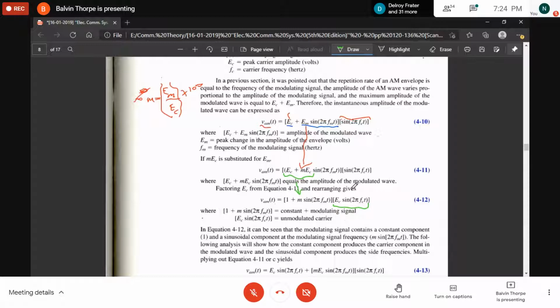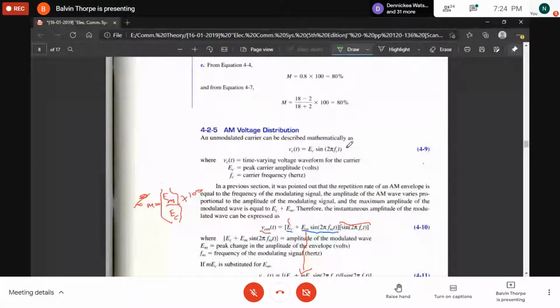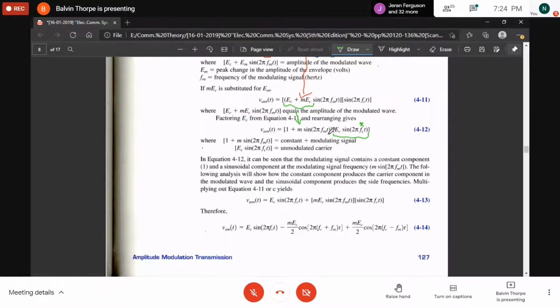Remember I said that that's the carrier wave? And we did that from up here. Notice that this is the same as what is here. So in an amplitude modulated wave, we can clearly see that there's a carrier and something else. So to know exactly what, we have to expand the expression.